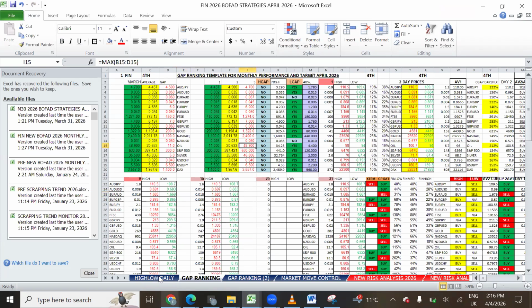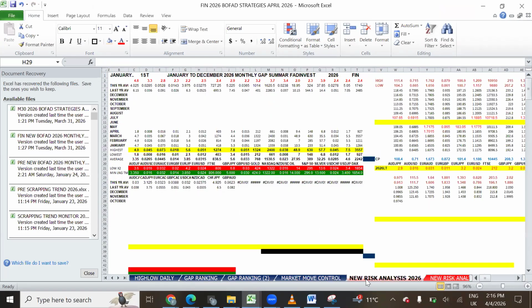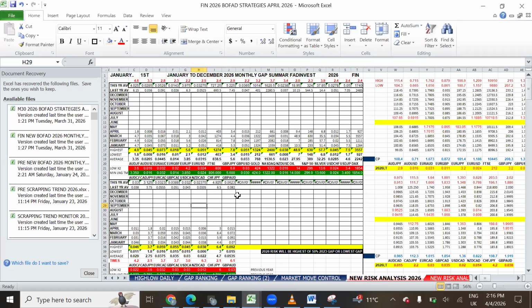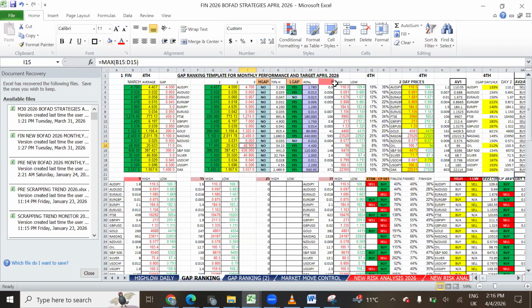We have what we call the gap ranking report, the market move control report, and the new risk analysis report, which also has a lot of information within the template. So this is the starting point. All we need to do here is copy and paste, at the intervals of these dates, the high price and the low price on the report.